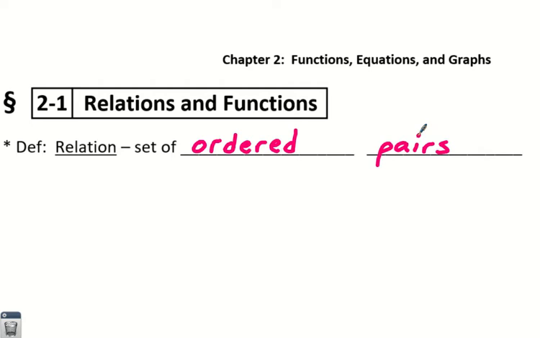So basically, any equation, any graph, any table or list of xy pairs, they're all relations. As long as it involves some relationship, get it? Relationship between like x and y, it's a relation.